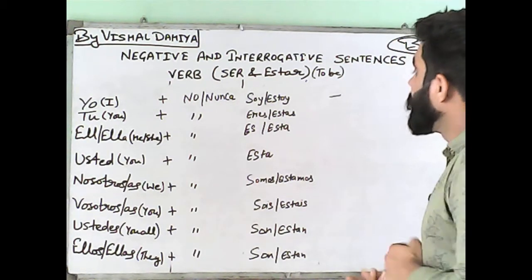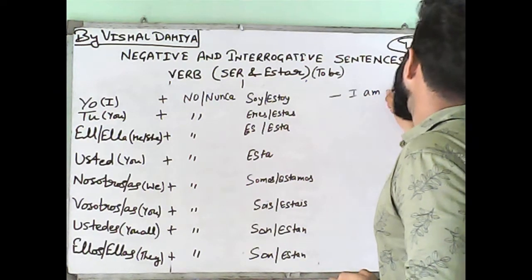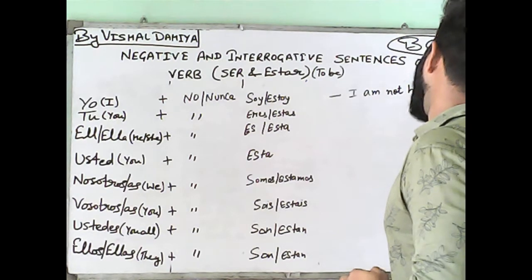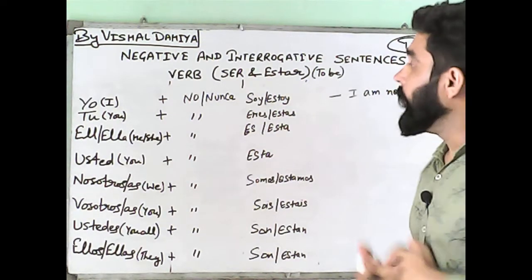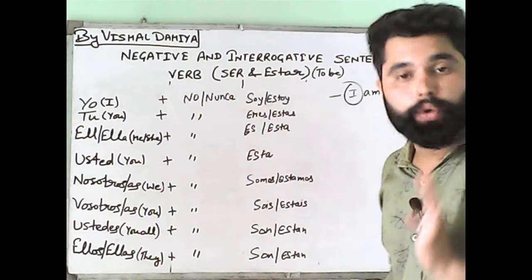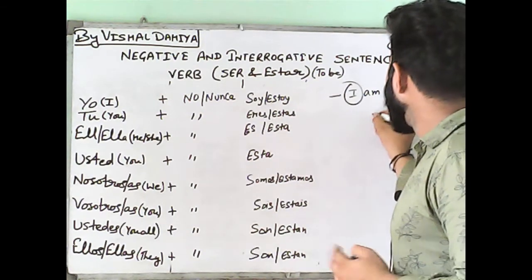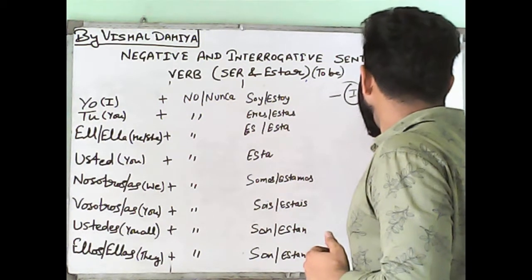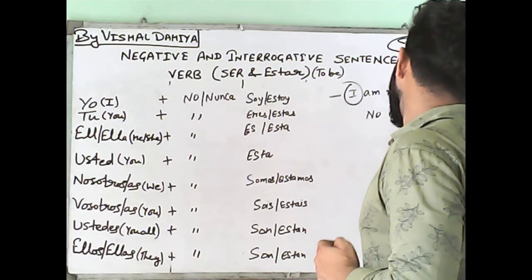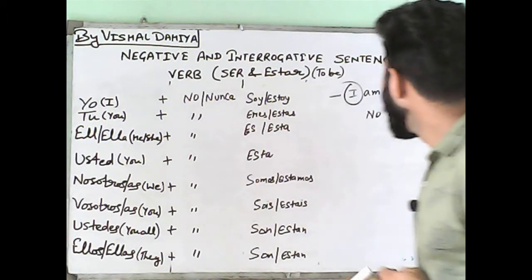If you want to say, for example, I am not happy, how will you say it? It is very easy. As I told you, if you don't want to use the pronouns, it is fine. The only thing you can use is no estoy feliz, right?